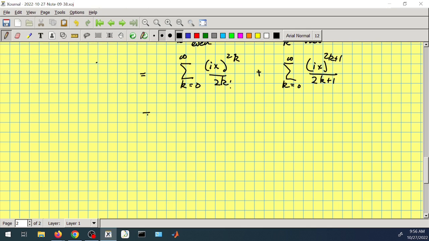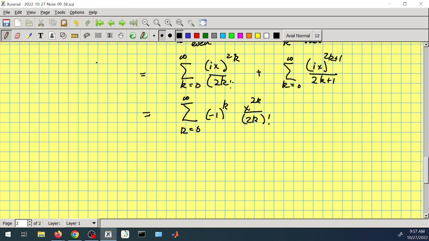Okay. So this becomes the sum, k equals 0 to infinity, of minus 1 to the k, x to the 2k, all over 2k factorial.